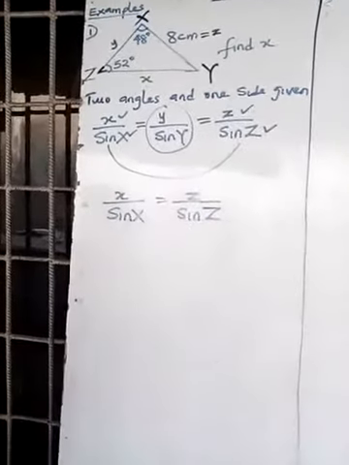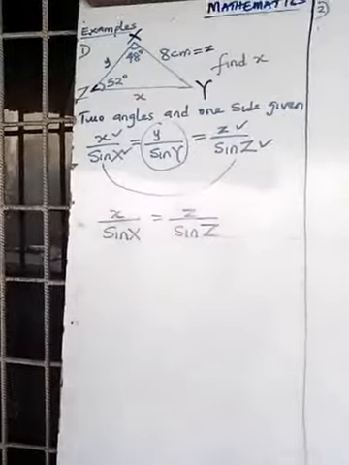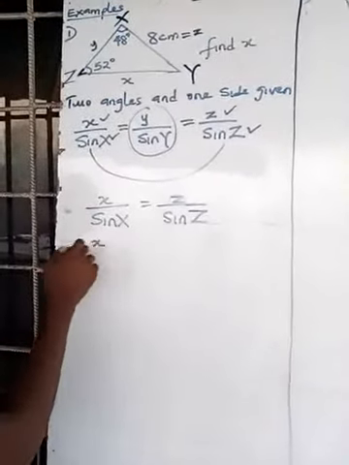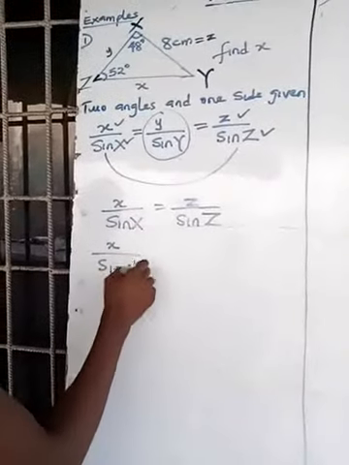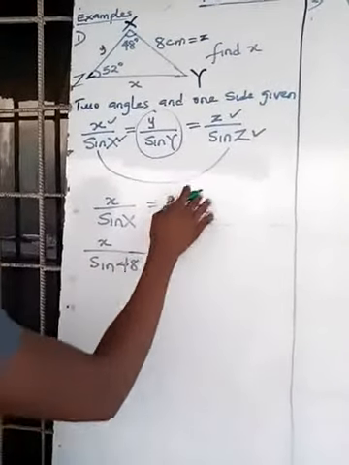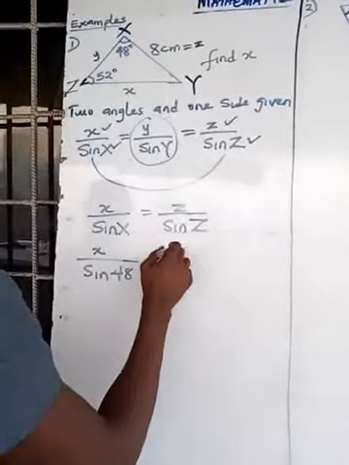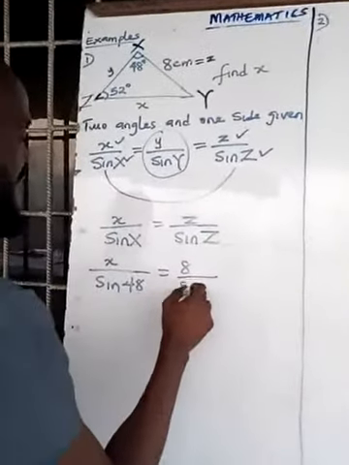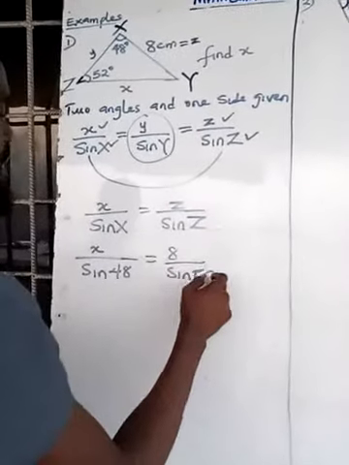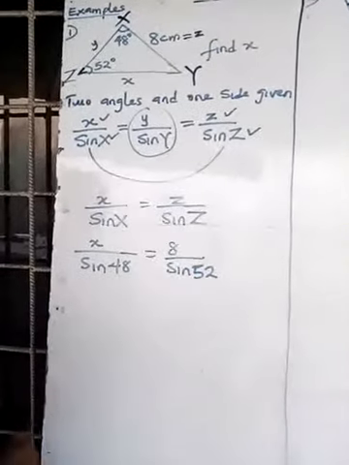Okay, so now small letter x, that's what we are looking for. So we have x over sine big X, that's 48 degrees, is equals to small z, that's 8, over big Z, that's sine 52. You have to be mindful of this. So what's sine 48?